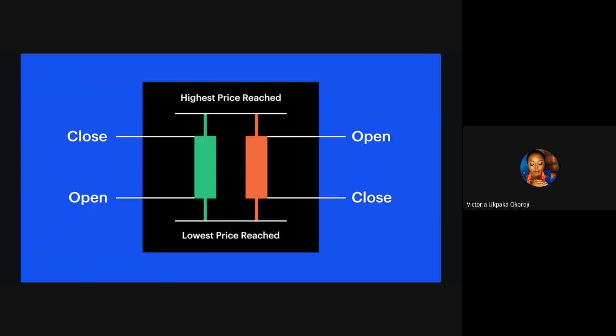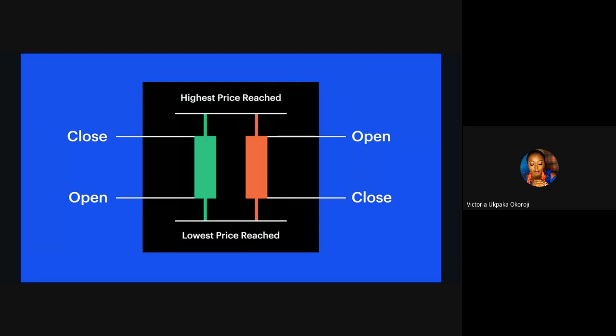So you can do an assignment as well. Just randomly open any of your charts and try to figure out what happened at a particular time frame. That's the assignment, using what you saw today about the candles.